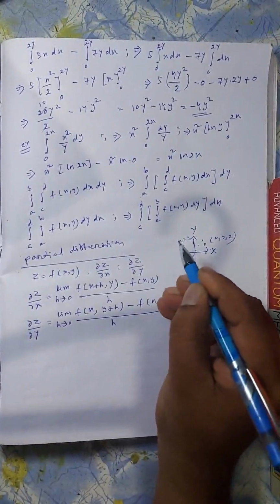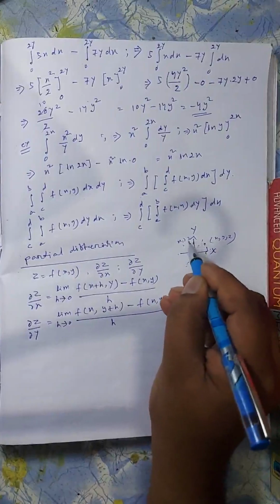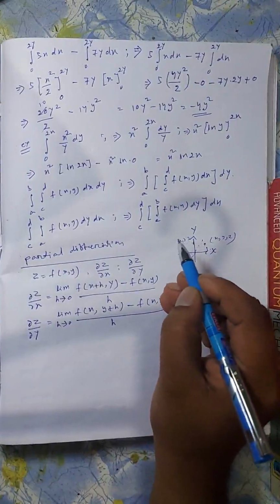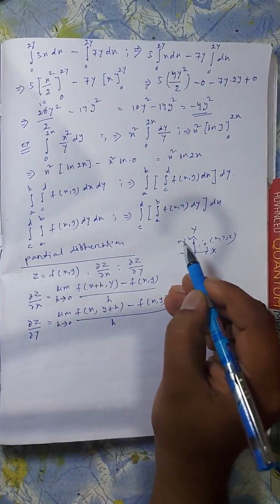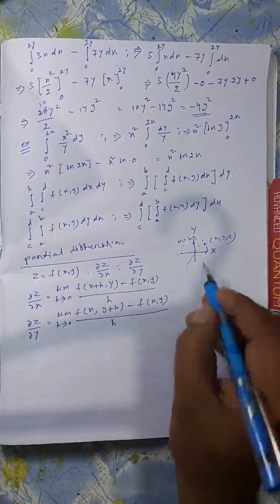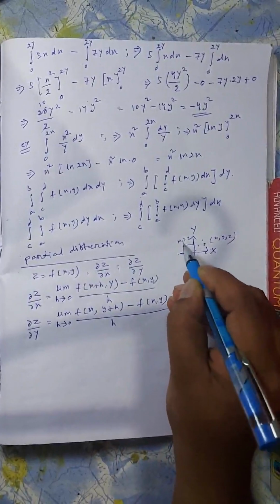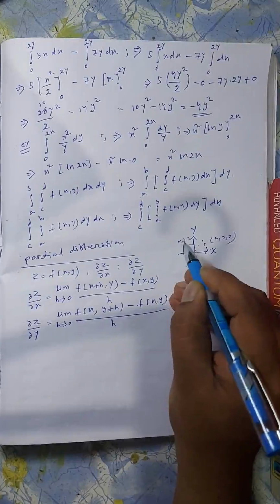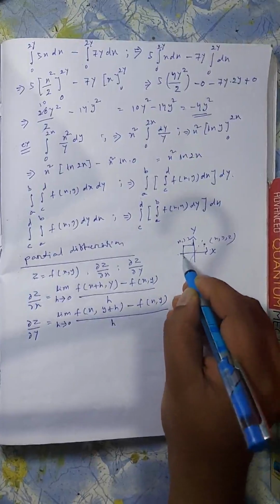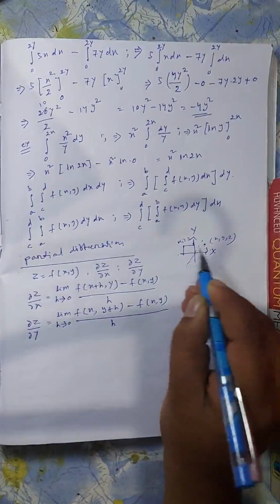Suppose this point is here, it is the x axis, it is the y axis, and it is the z axis. Okay, this is the z axis. So these 3 values will come, that means this is the x axis, this is the y axis, z axis here, because if we take the top view, it will come here x axis, here y axis, here z axis is surrounding this one.